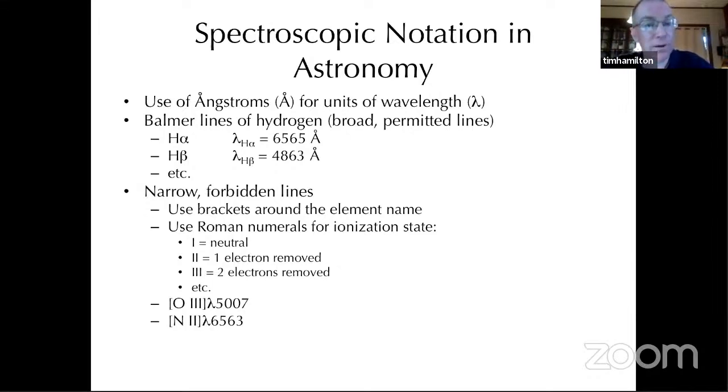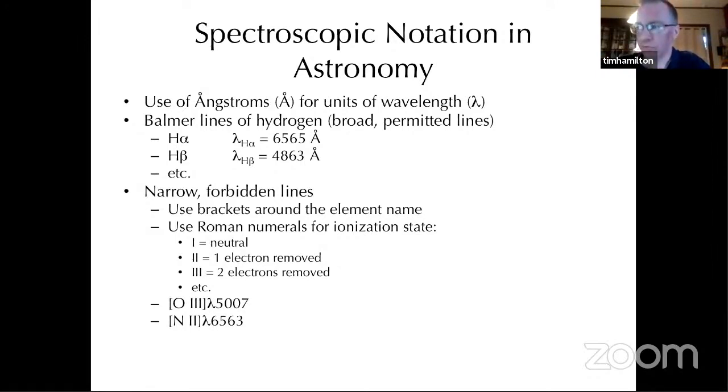In the meantime, in a chamber on the Earth, we would wind up having collisions between the atoms that would occur before that would happen. And these collisions will collisionally de-excite that electron, and it will simply go down by another path, and we don't see the forbidden line. So these forbidden lines are distinctive of low-density gas clouds in space.